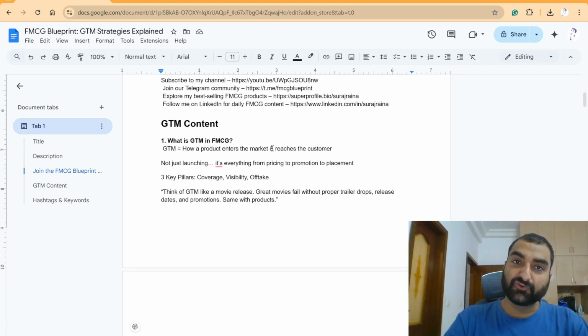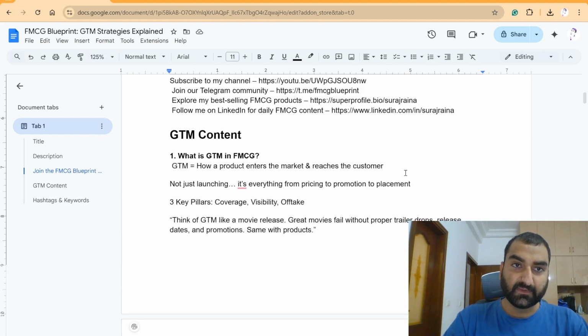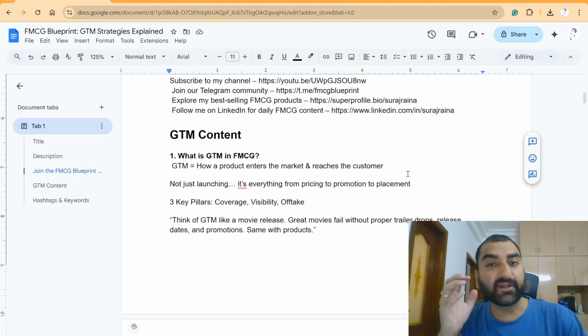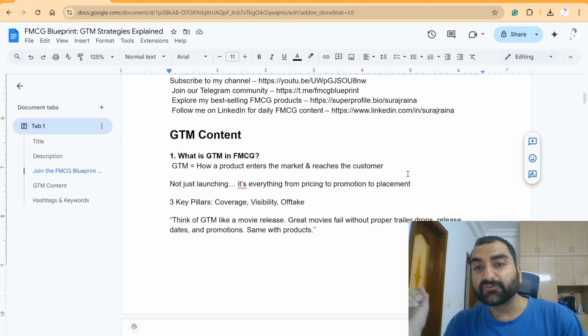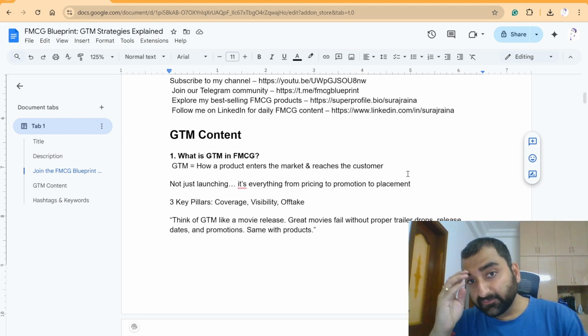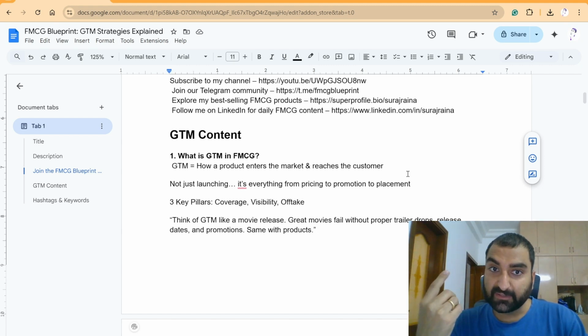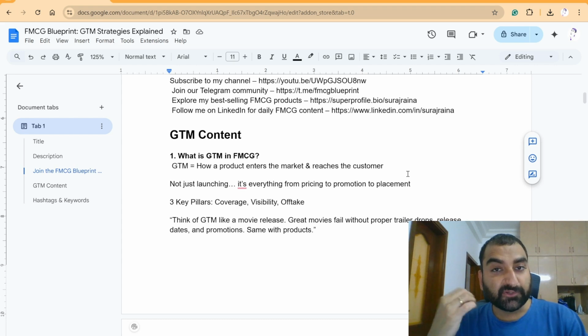So let us begin with what is GTM, right? GTM in the context of FMCG is basically how your product, when you are a brand, enters the market and reaches the consumer, right? So it is not just when you're launching a product; you need to design the GTM when the product is not working, when the product is working but you need to expand or penetrate more, right?